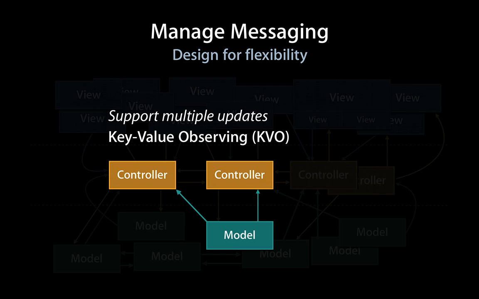Something else you may need to do is support multiple updates. If you think back to that inspector example, a single change to a piece of model data might need to be reflected in several places in the user interface. And key value observing, KVO, is a great way to do that. I could talk for a whole hour on KVO, but of course there's not time for that.